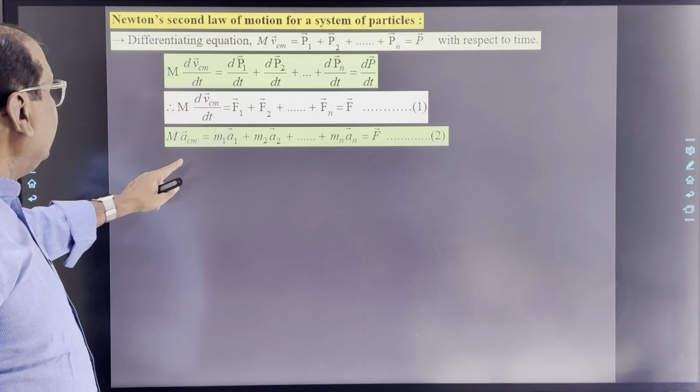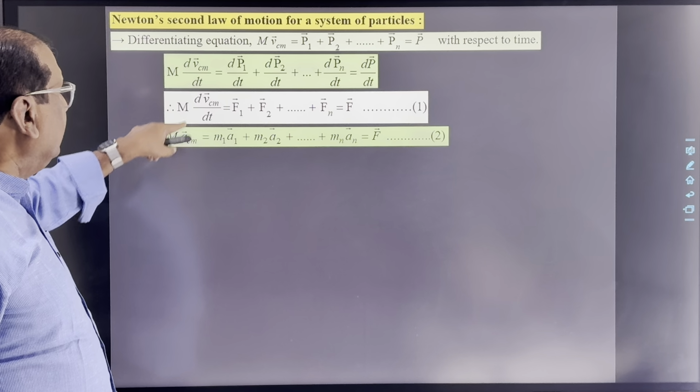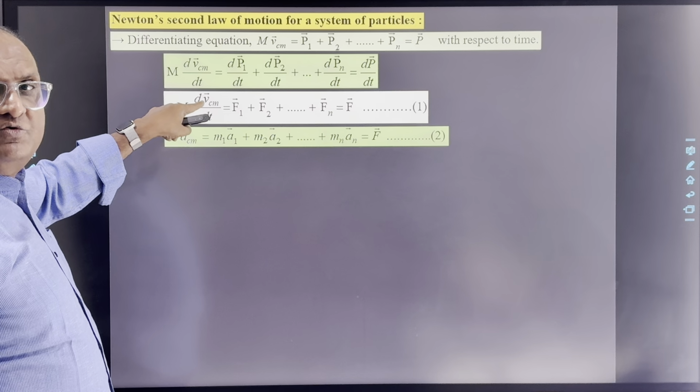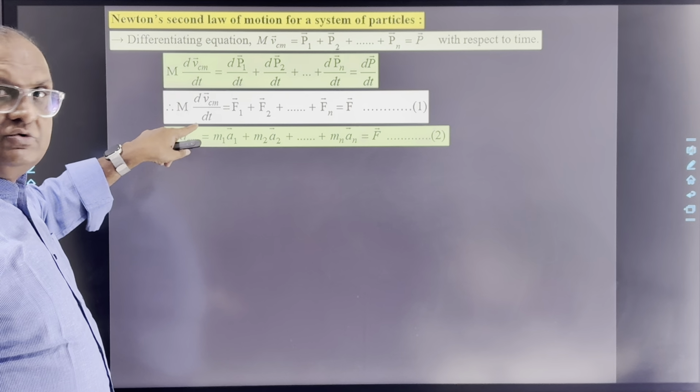Or here we can write the same equation like this, m Acm, because differentiation of velocity with respect to time t gives you acceleration also.